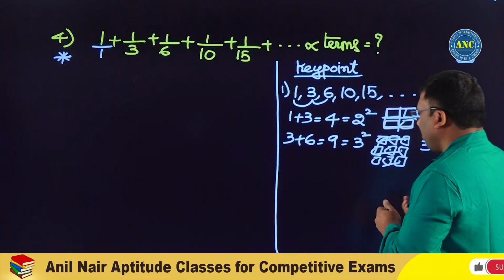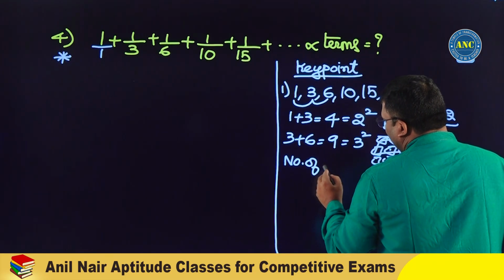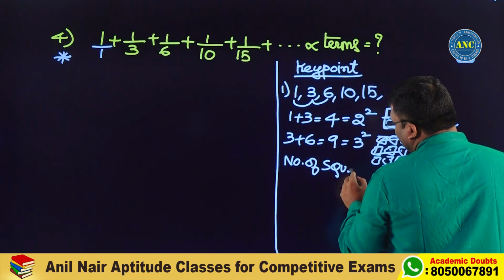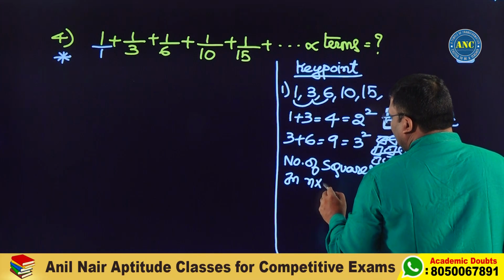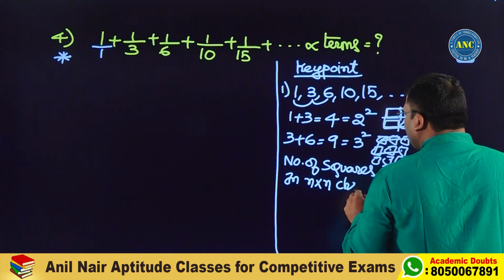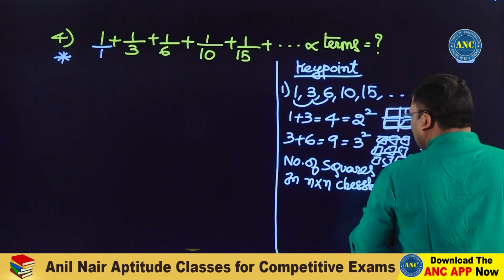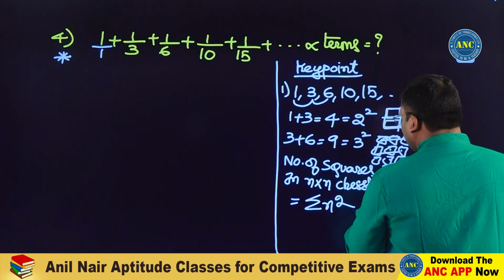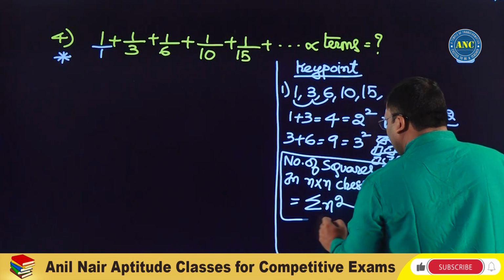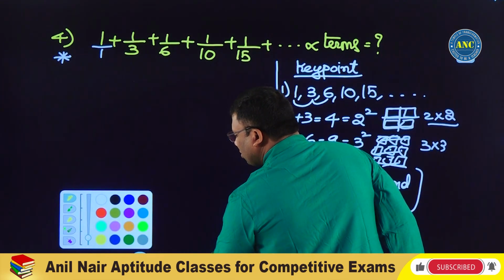Please write down that point. Number of squares in an n into n chessboard is given by summation n square.